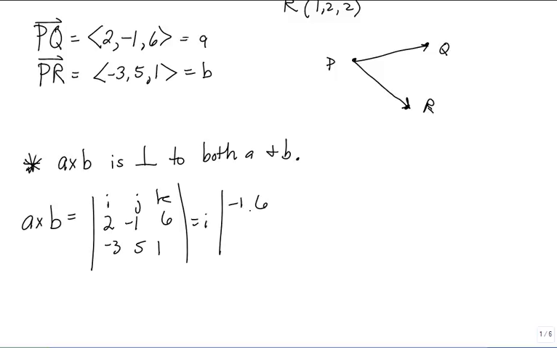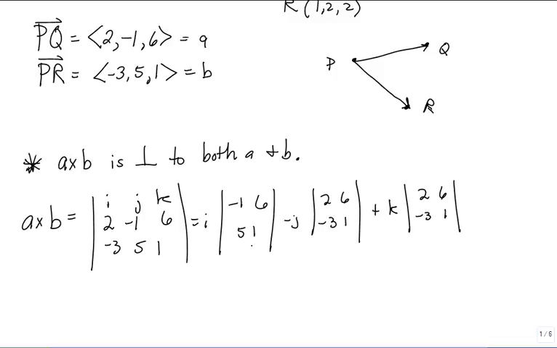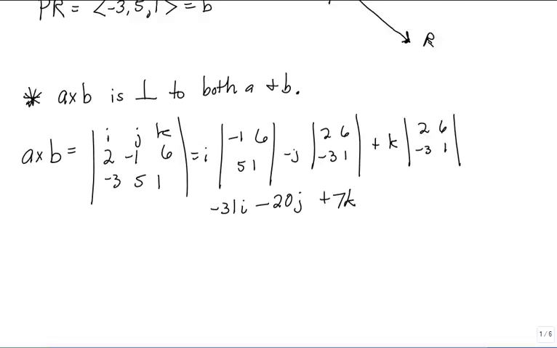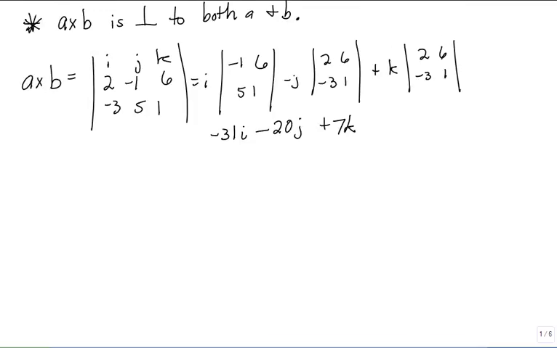Remember, we cross out column I, cross out column J, and cross out column K. And what we get is negative 31I minus 20J plus 7K. So that is our normal vector. So N is minus 31, minus 20, and 7.